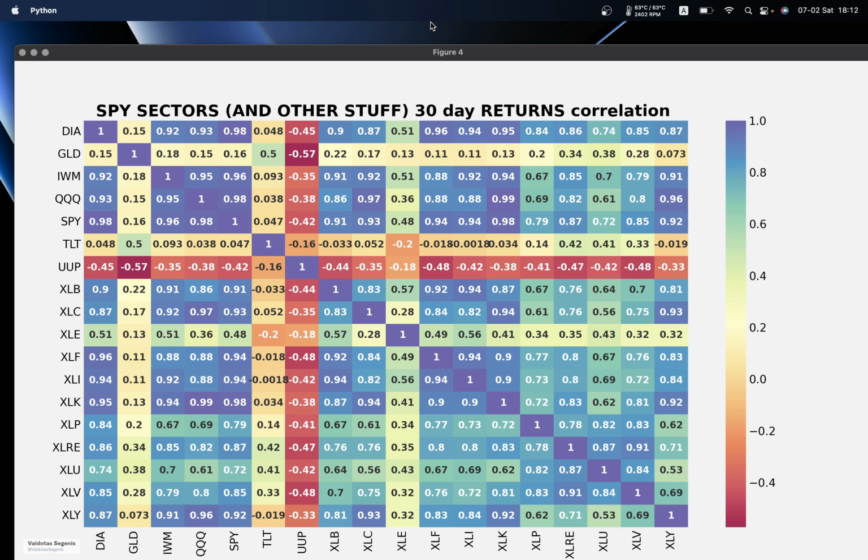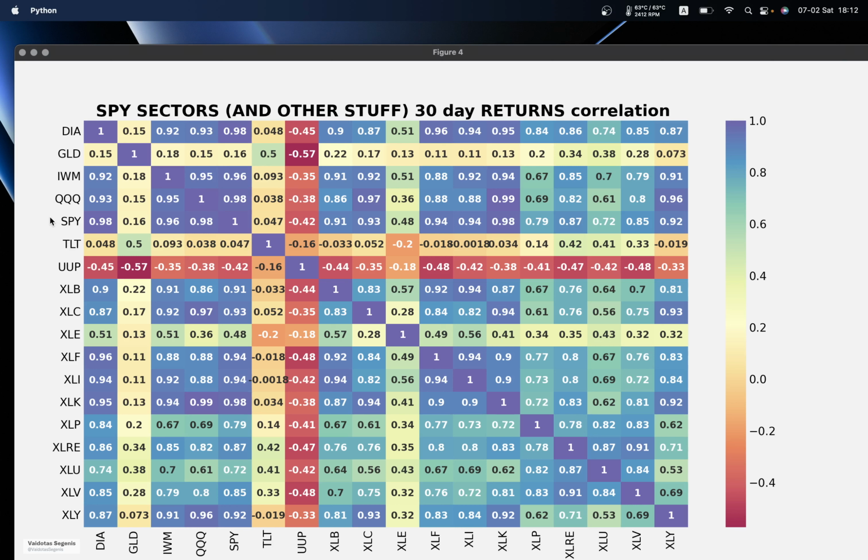So what is a high correlation? Of course, it depends on time frame, but as a rule of thumb, anything above 0.96 can be considered very high. That's why I'm talking about sectors, not indices.